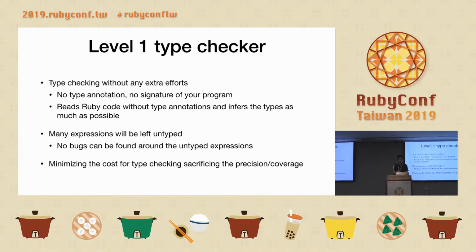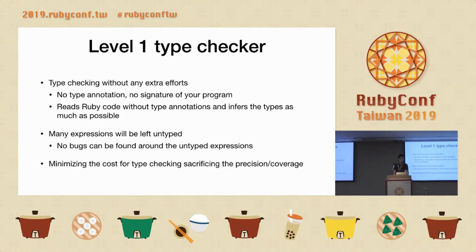It only reads normal Ruby code from the file, and tries to infer the types of each expression as much as possible. It uses type signatures for libraries, meaning the standard library or some gems shipped with type signatures. But you don't have to modify your Ruby code or write type signatures.